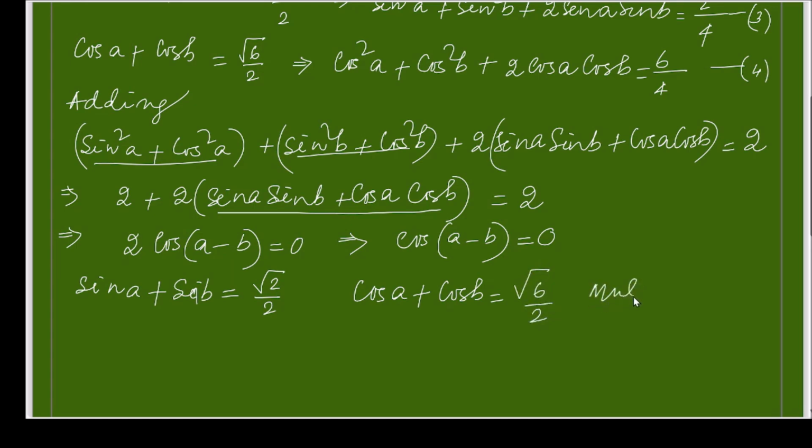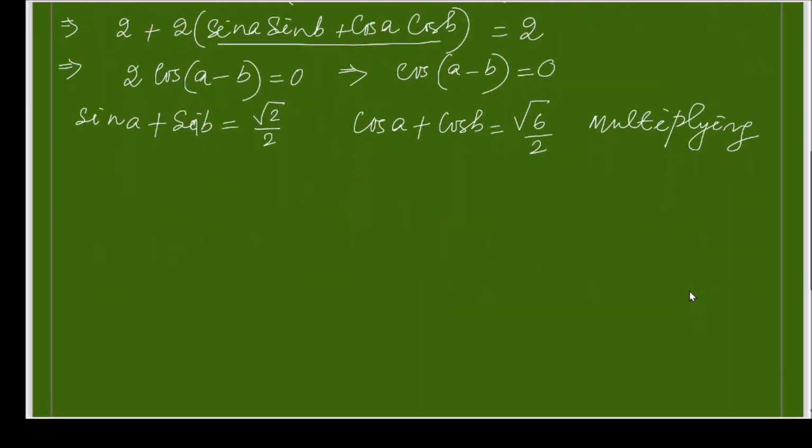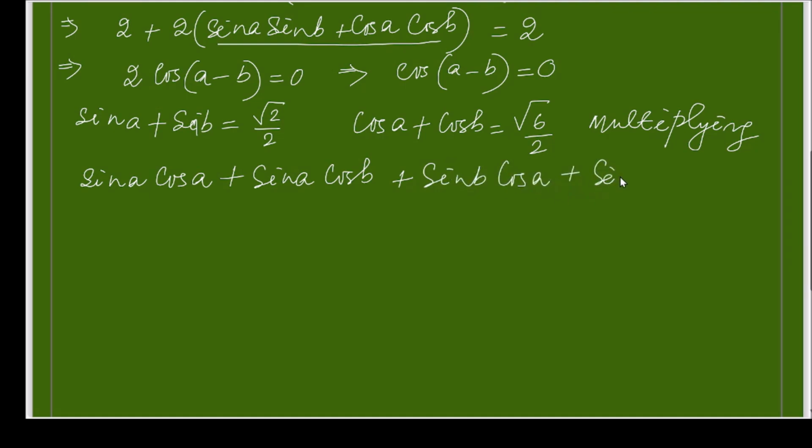Multiplying both the equations, we get sine a cos a plus sine a cos b plus sine b cos a plus sine b cos b.